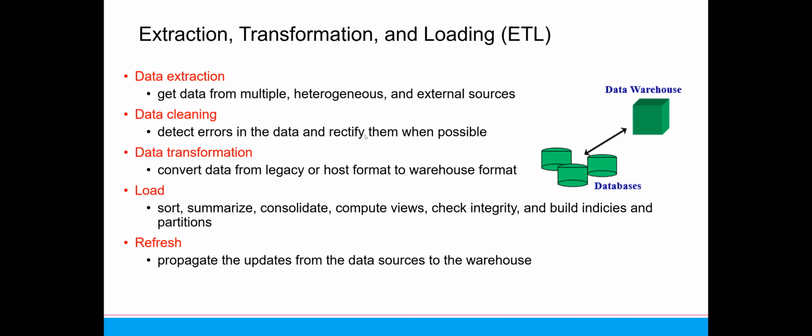What is ETL? Here we have extraction, transformation, and load. So you can explain based on this one: extraction, transformation, and load. This one is the additional tasks in the ETL.